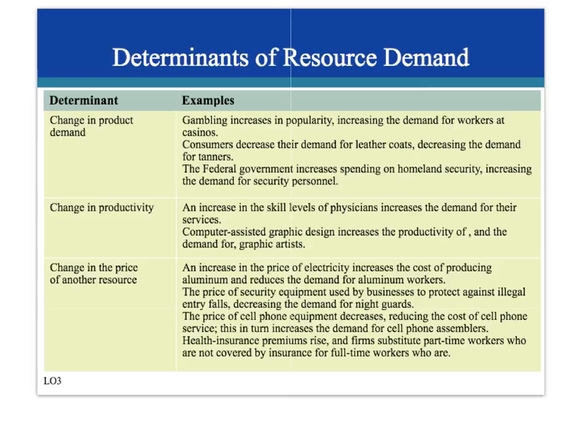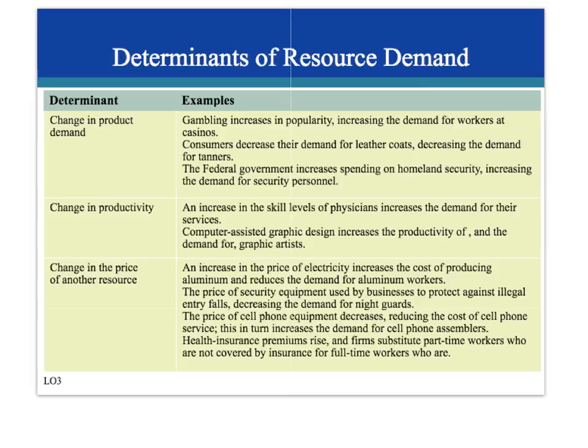Change in productivity: an increase in the skill levels of physicians increases the demand for their services. So the better trained and educated physicians are, then the higher the demand is for their services. Computer-assisted graphic design increases the productivity of and the demand for graphic artists. Change in the price of another resource.